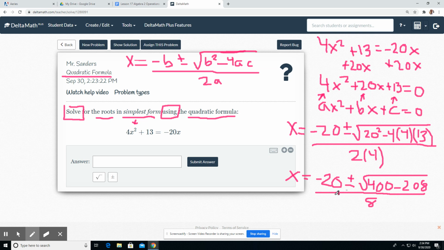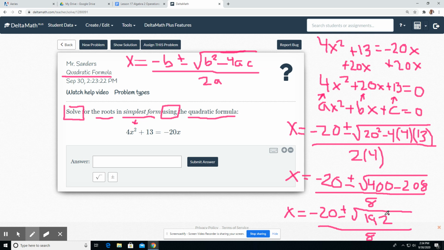Now I'll combine what's under the radical. Negative 20 plus or minus the square root of 400 minus 208, which is 192, all over 8.